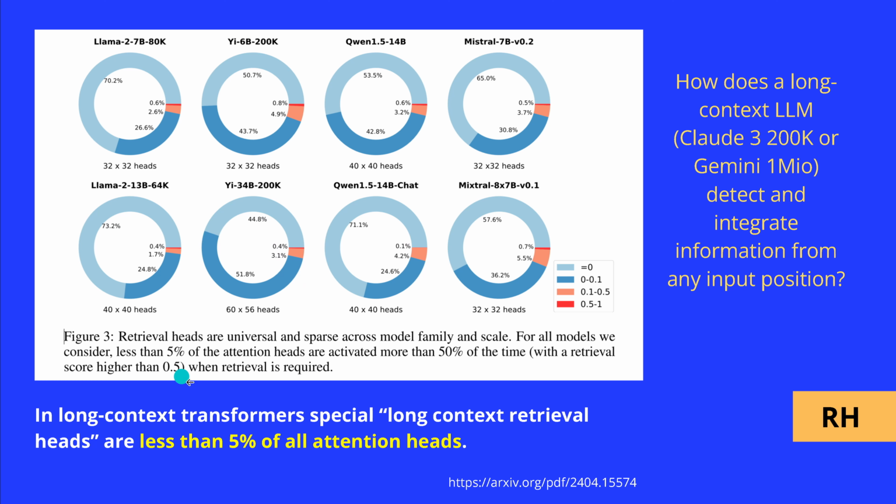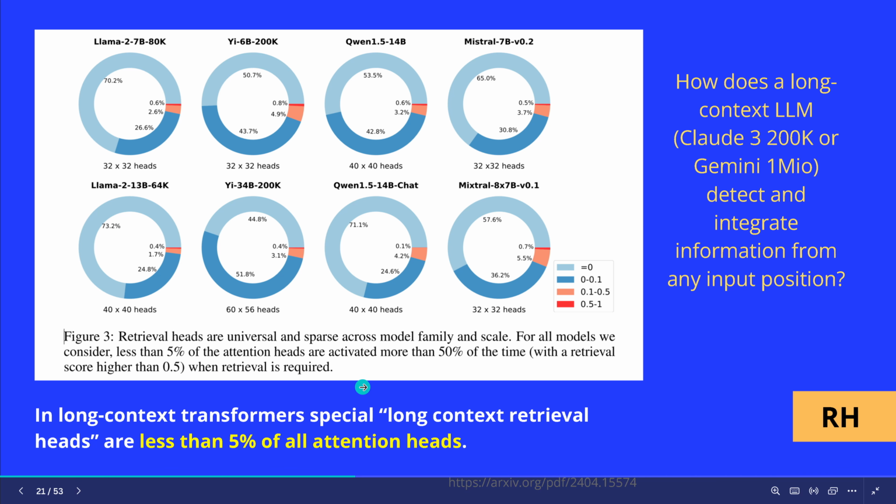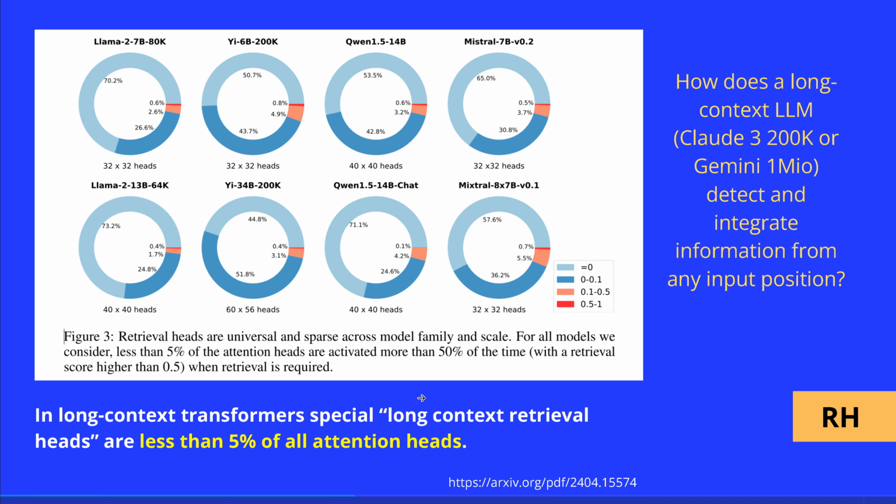So they said in the long context transformers, our Gemini 1 million token, our Claude 3 200,000 plus token, we have special long context retrieval heads, but they are less than 5% of all the attention heads in our large language model. So if those special attention heads that the system generated itself are less than 5%, those are very precious.